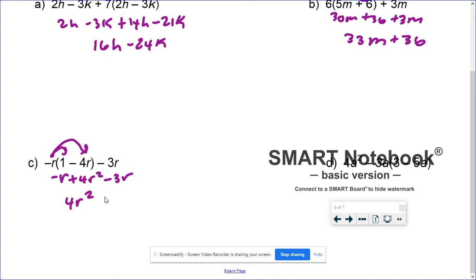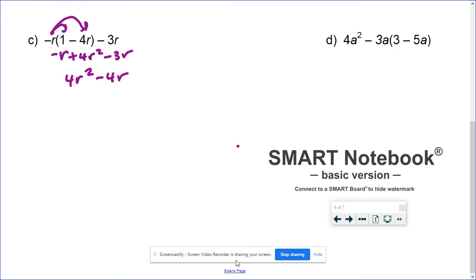Then negative r and negative 3r would add together. So negative 1 minus 3, negative 4r. That's it. You cannot combine them further. Generally speaking, if you have the same variable with different exponents, I would put it in order. We'll talk about that in a future chapter more, but that's as far as you need to go with that.